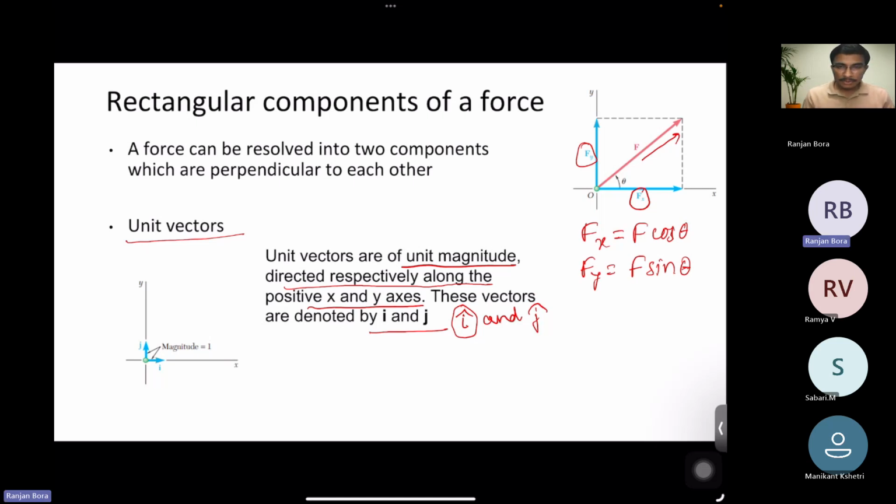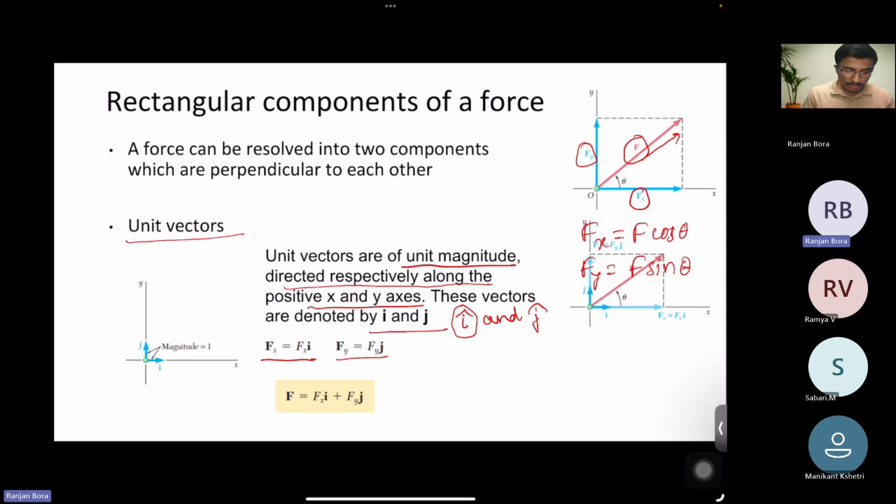Unit vectors are used to express this force F in terms of Fx and Fy. You can see this: the Fx component we can write as Fx into i cap, and the Fy component we can write as Fy into j cap.